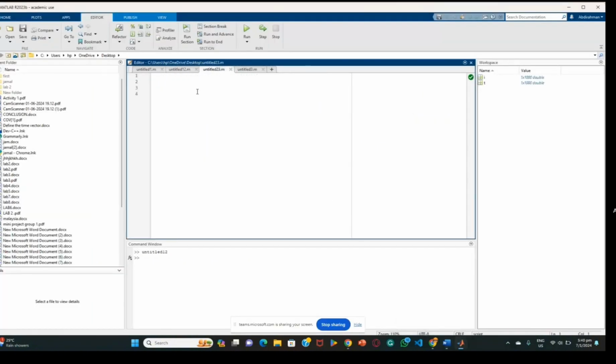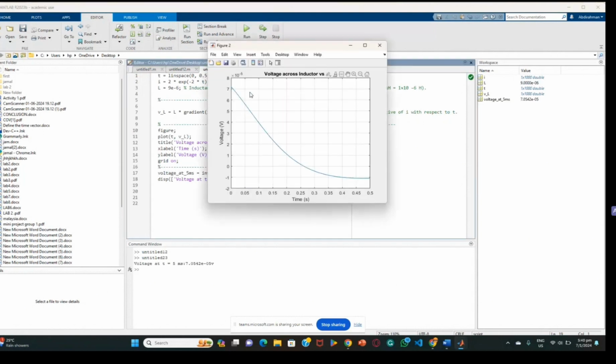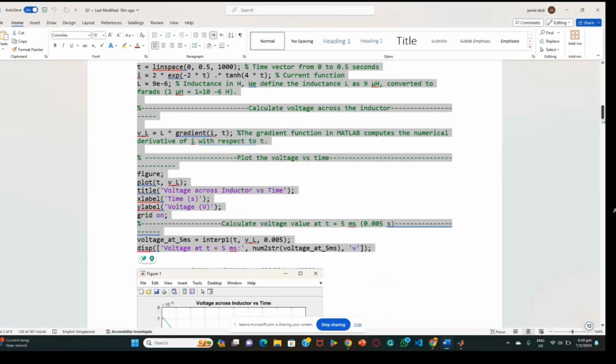New folder. This one is the voltage, and this is the graph, and it is the same. So that's question B.